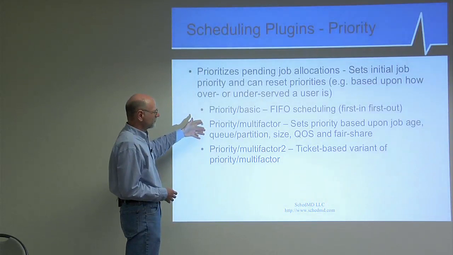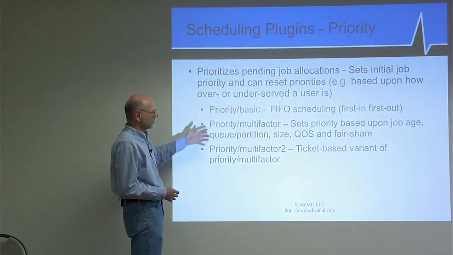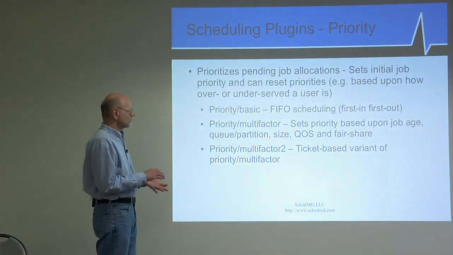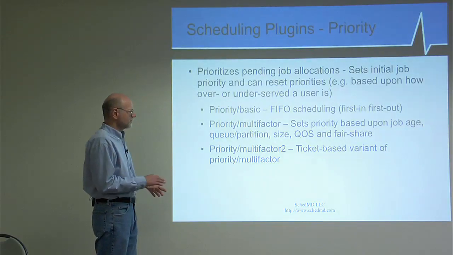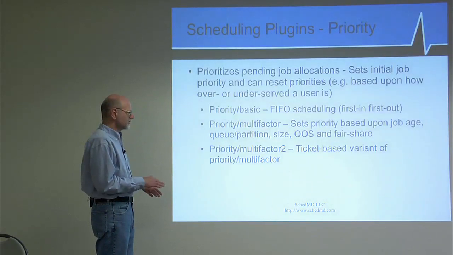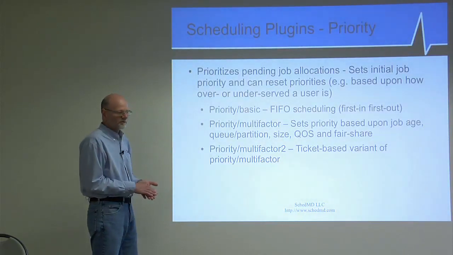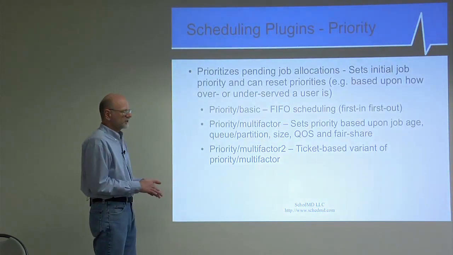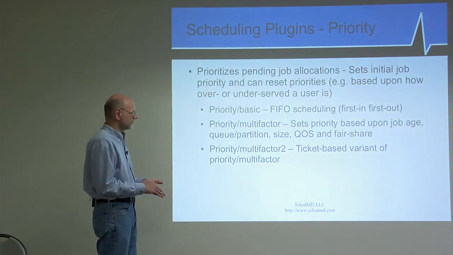There's a multi-factor one. So this sets the job priority based upon its age, which queue it's in, the size, so you can favor larger or smaller jobs, the quality of service, and also fair share, so how overserved or underserved a user is.